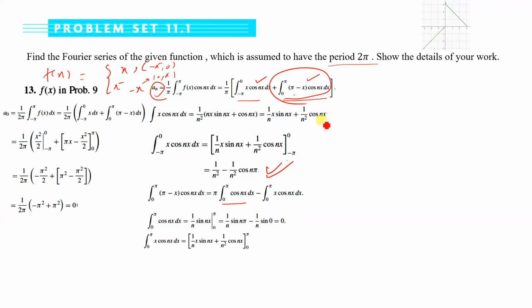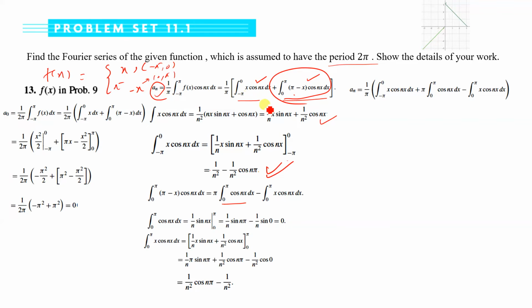After applying integration by parts, we have this value, and after applying limits, this integral is equal to 1 over n square cos n pi minus 1 over n square. Now that we have the values of both integrals, a n becomes this.